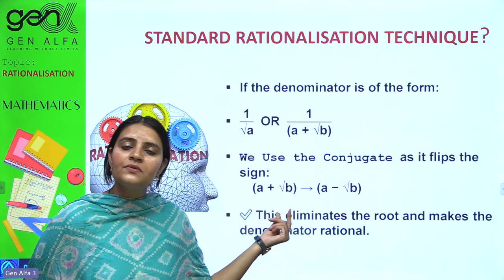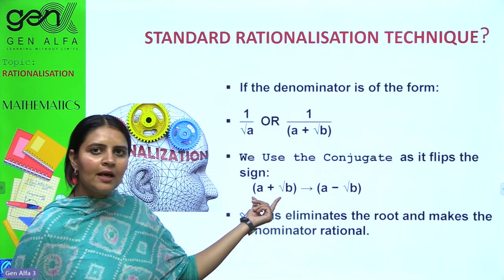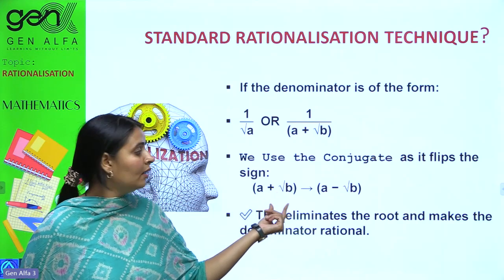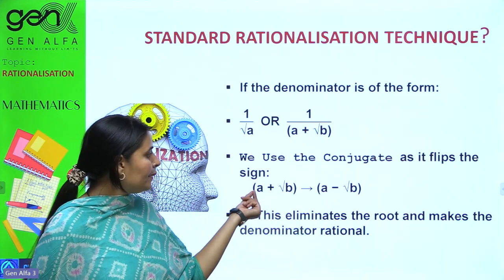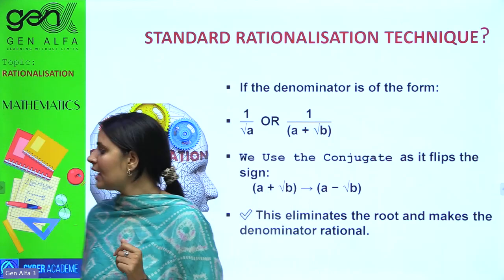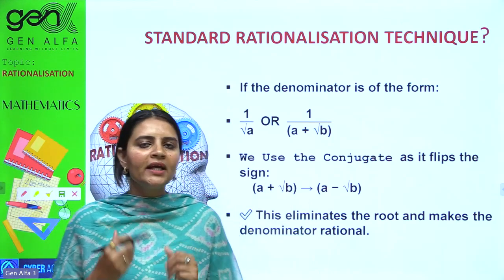The same terms but with the opposite sign. Here the terms are getting added. But here the conjugate is getting subtracted. The term is same, A is same over here, B is same over here, but the sign is not same. That is its conjugate form.